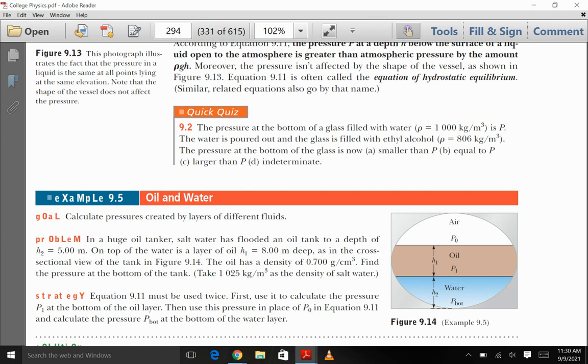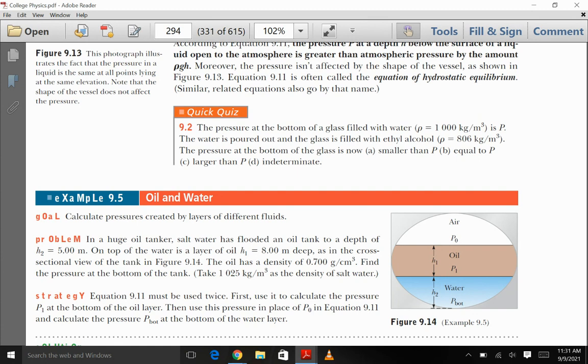Basically you're just saying the pressure that is on top is atmospheric pressure, the one that we usually like to call P0, isn't it? It's the first pressure that you're going to have because of atmospheric air. Then you want to find what pressure was being caused by the depth of the oil.